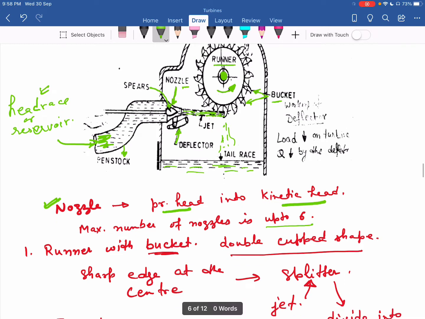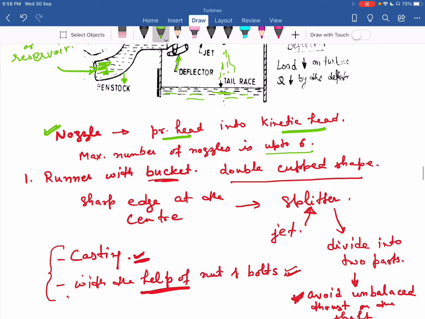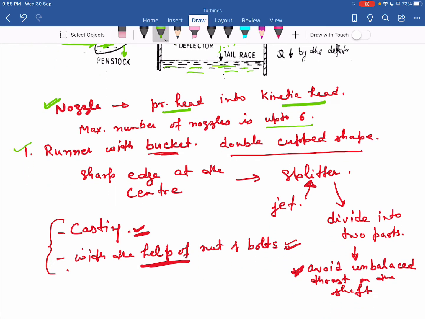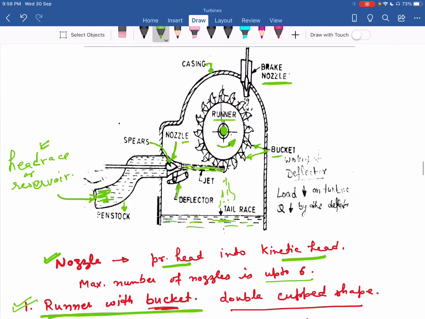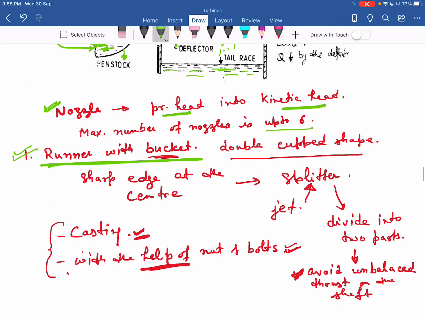Then we see the different components of the Pelton turbine. The first component is the runner with buckets. That is this part, the runner with these buckets. That is the important part of the Pelton turbine. The runner of the Pelton turbine consists of a number of double cup shaped buckets. So two cups are joined together.